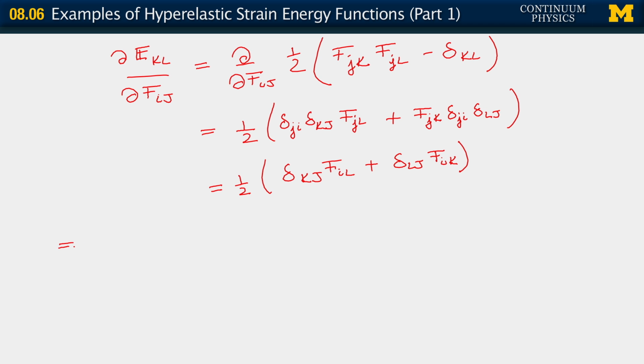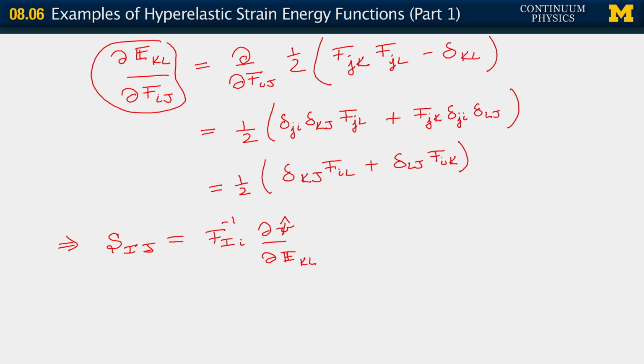So, what this implies then is that Sij, which we said was F inverse capital I little i derivative of psi hat with respect to E KL, and then we had this derivative of, we had that term, right?